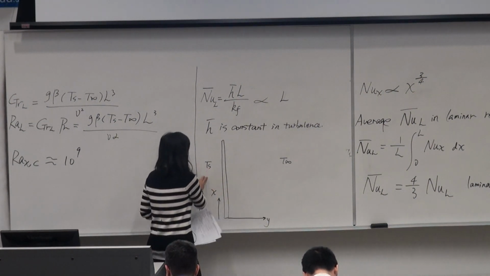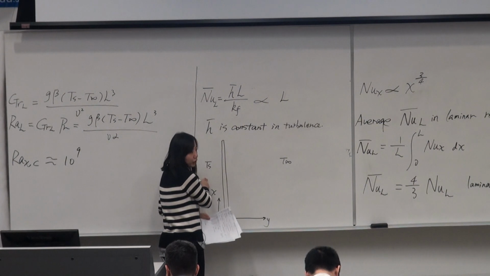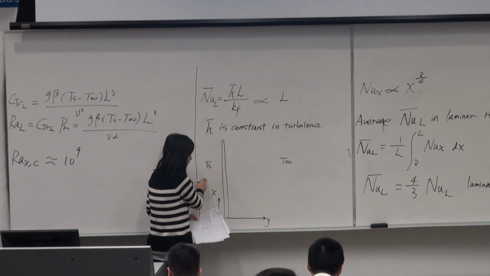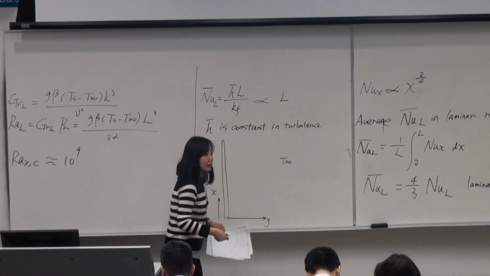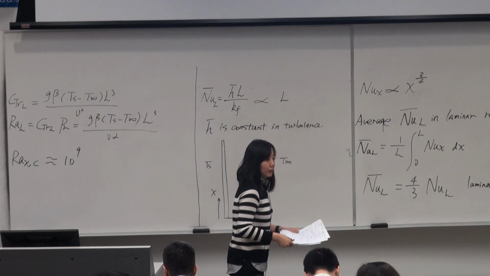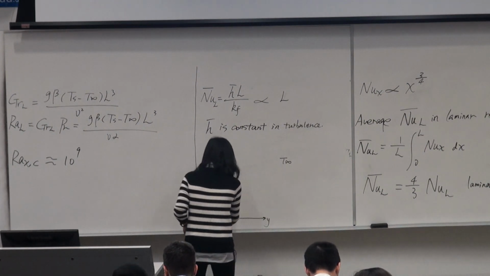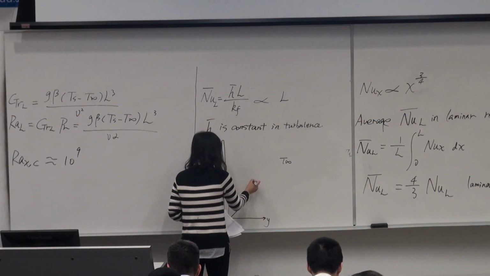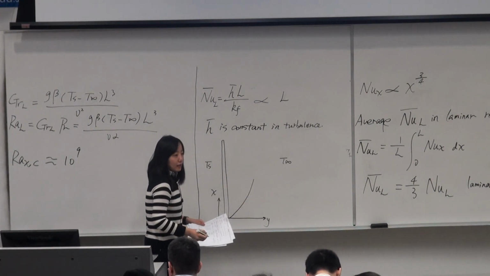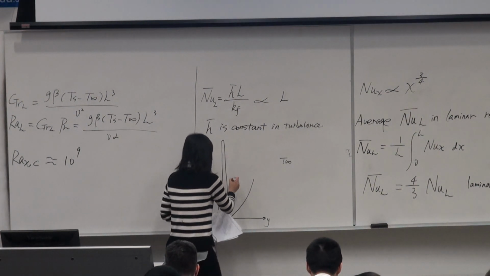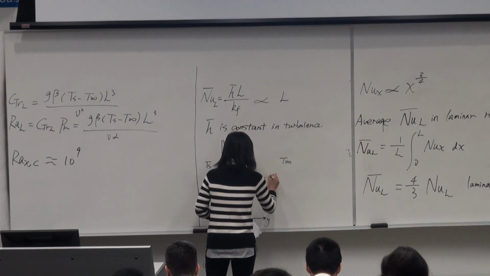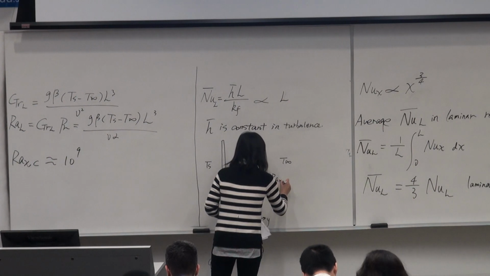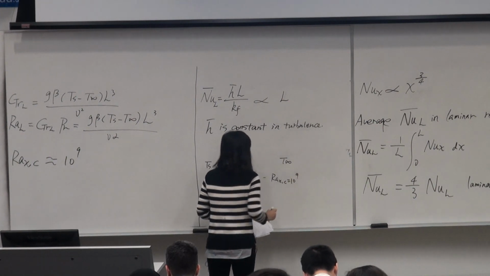If I say, let's consider it's a combined case of laminar and turbulent, how would the thermal boundary layer develop? We know for the heating case, it starts at the bottom of the plate, and the transition happens when your Rayleigh number equals 10 to the power of 9.